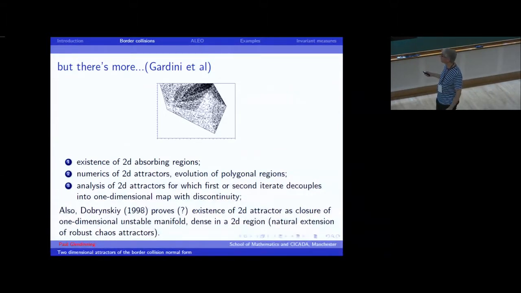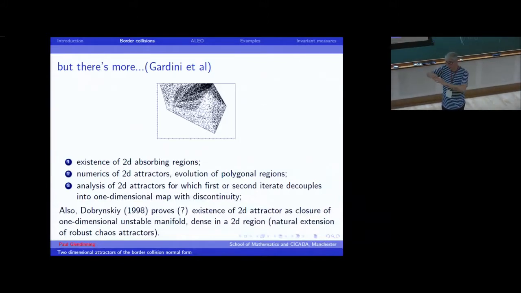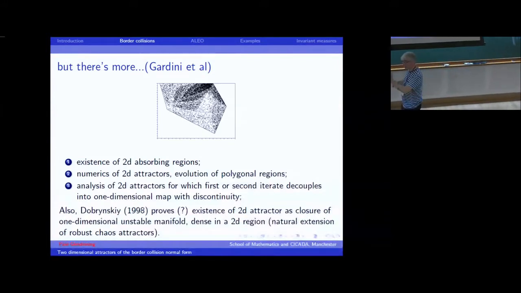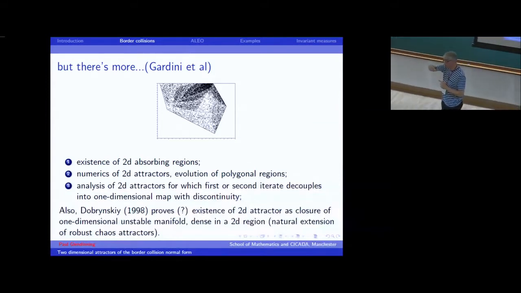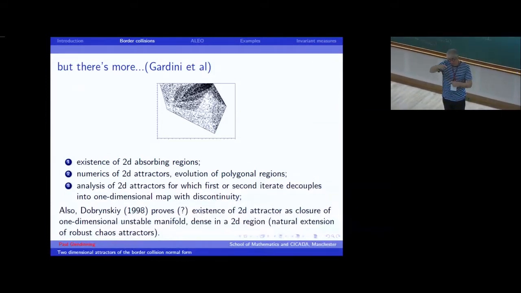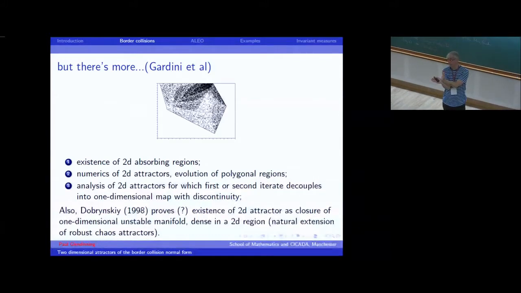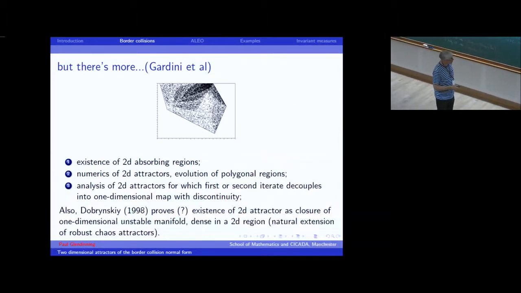And what they'd shown there is that in the y direction you had a one-dimensional map which had a whole interval as the attractor. In the x direction you had a one-dimensional map with the whole interval as an attractor. And so the claim was that if you take the cross product, you get a full region. Very, very interesting, but I still don't understand it.